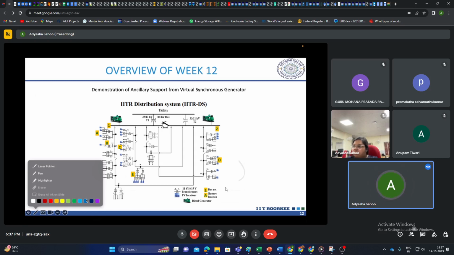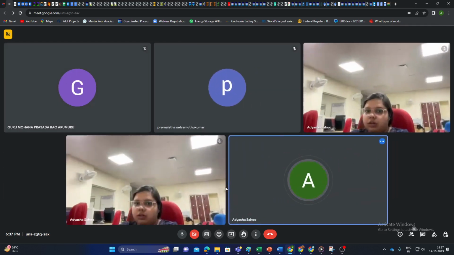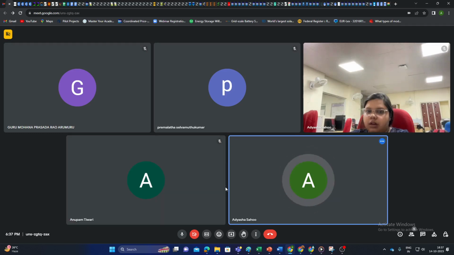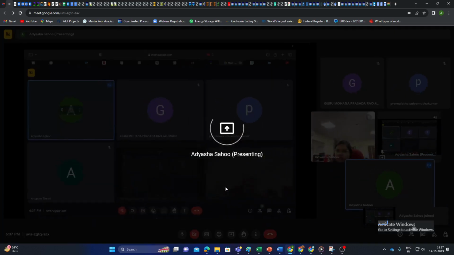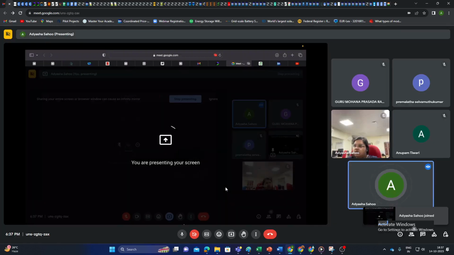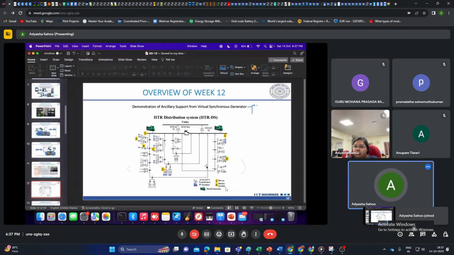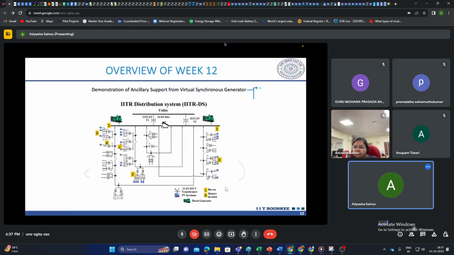Reactive power support it can provide, but while studying, we wanted another specific type of ancillary support from this VSG. Do you remember what that was? Our concern was for another kind of ancillary support. Voltage, obviously, will be through the reactive power only.